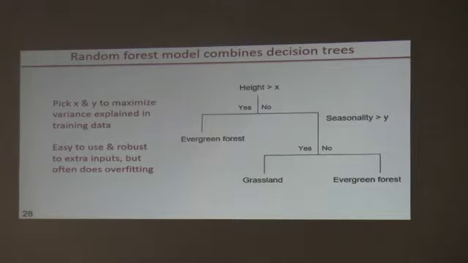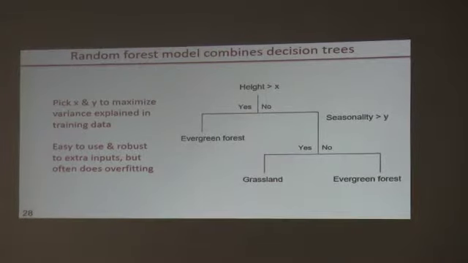So we can imagine, and in fact you'll see we will, all kinds of different climatic or vegetation or topographical drivers, and we want to be able to just throw it at the model and have it pick the relevant ones. And if you do that with things like neural networks, you might end up confusing the model, but that's not quite the case as often for decision tree based approaches.